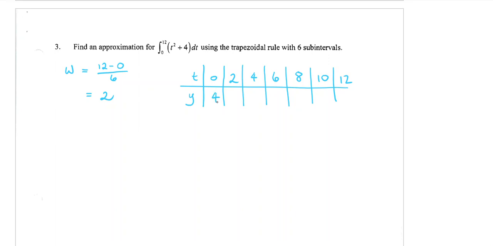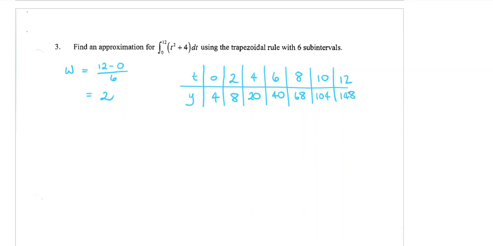Next one, 2 squared plus 4 is, yes, 8. 4 squared plus 4, 20, good. 6 squared plus 4, 40, good. 8 squared plus 4, 68. 10 squared plus 4, 104, and 12 squared plus 4, 148. Well done, you people doing that in your heads.